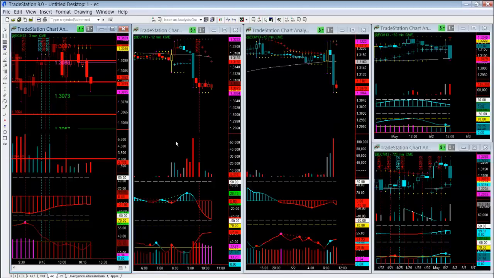Would I have liked the stop to be above the ATR? Absolutely. And the only reason I would want to stop above the ATR is because typically they will come back and test an ATR again if the divergence is not a strong divergence.